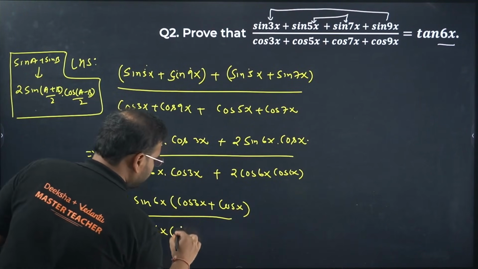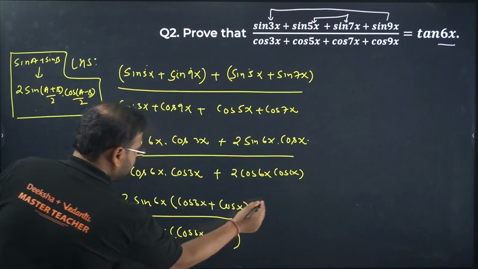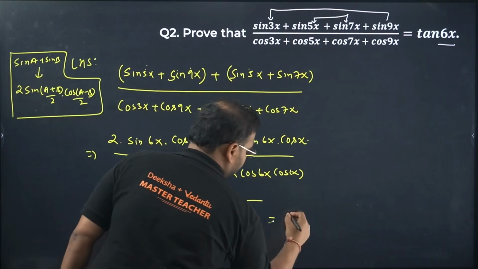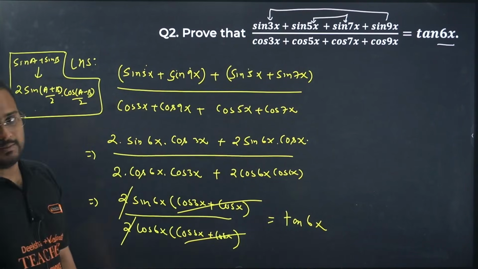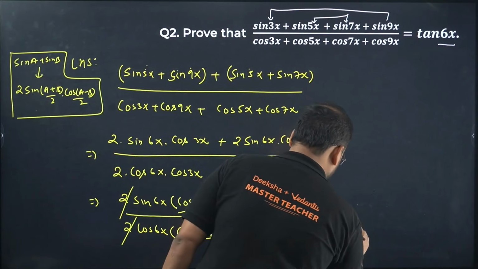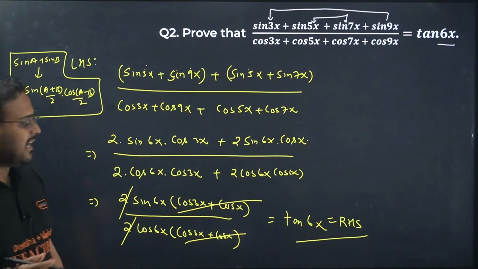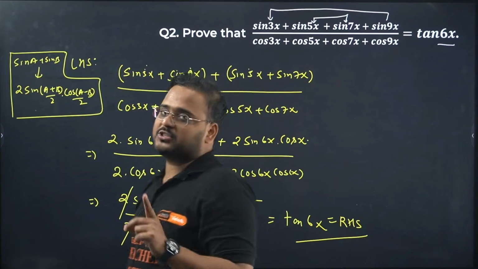I think you can see that you got the answer now. This is cancelled, 2 and 2 is cancelled. Sine by cos is what? Tan 6x. Done.